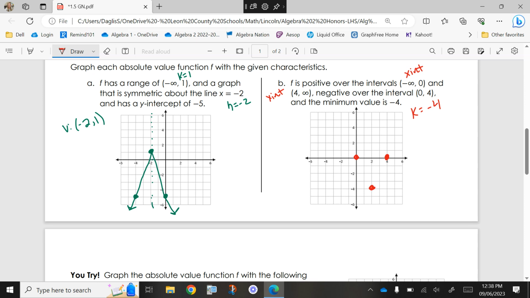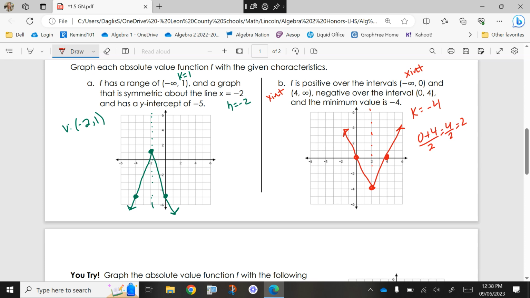Okay. Mathematically, you just did 0 plus 4, and you divided it by 2 to find your halfway point. But yes, this is our mirror image. So now here is our absolute value. Good job. You passed my test.